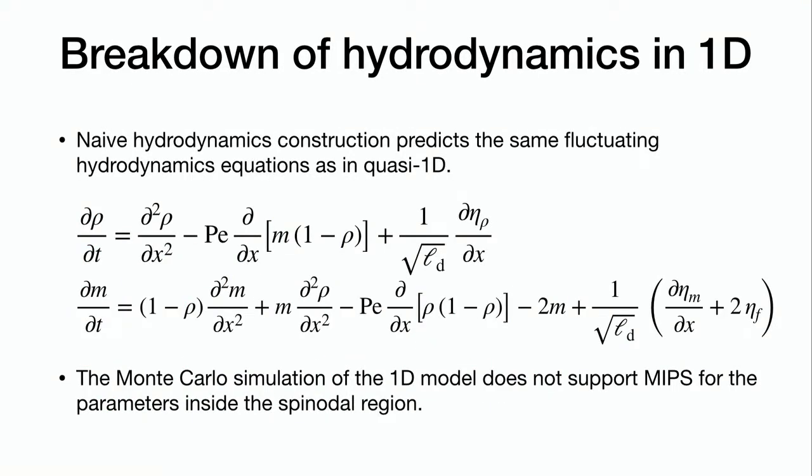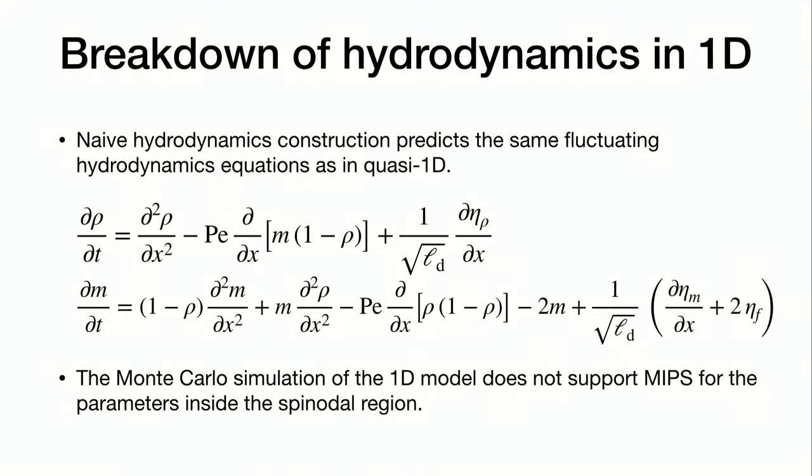So now why do I need the ladder? If you take the 1D model of this and you just naively follow the same procedure, you end up with the same hydrodynamic equation.